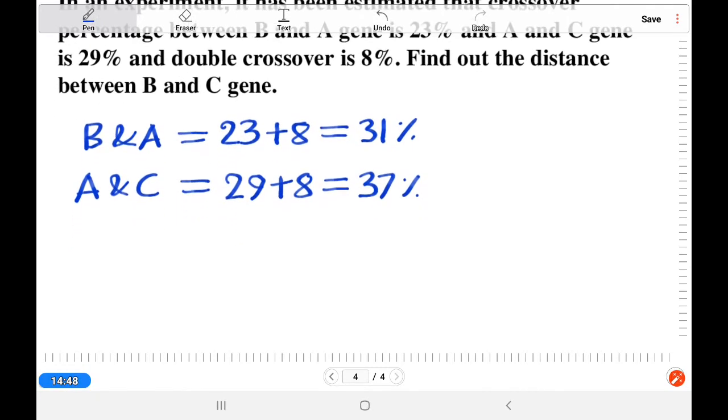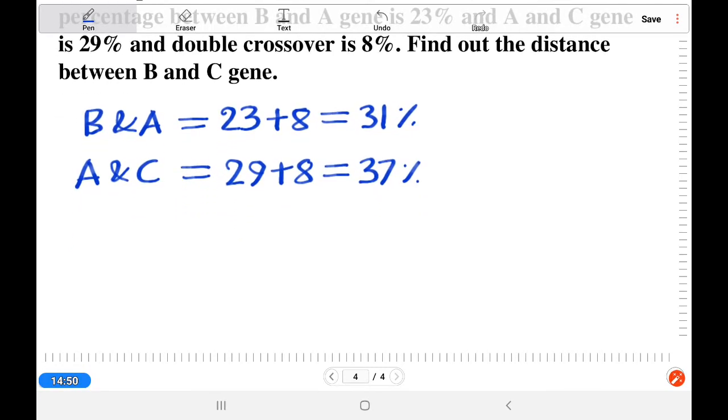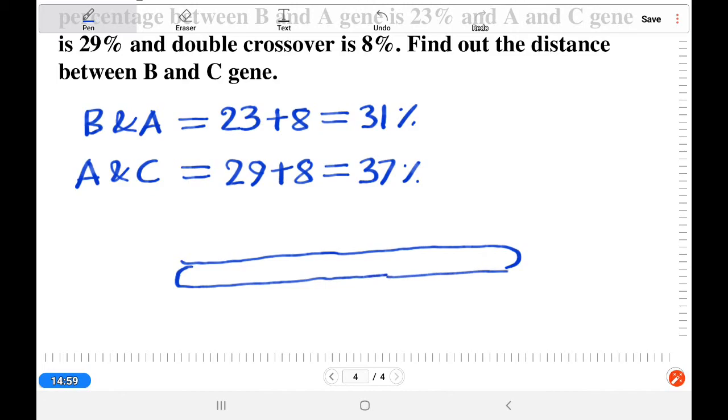Okay, if we draw a little bit, then it will be easier to understand. Suppose this is the chromosome. In that way, if we can draw, suppose here is the B gene and the C gene.